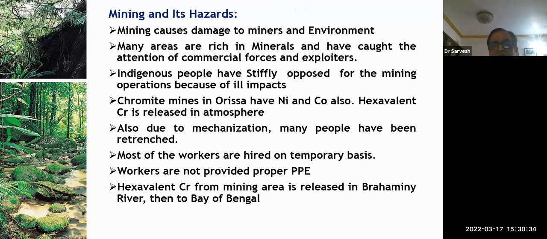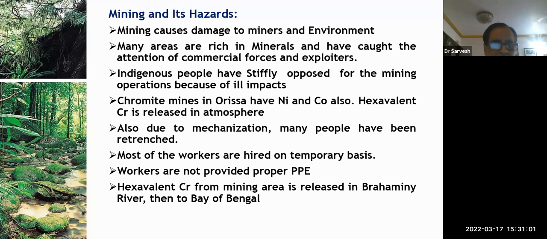Mining has many hazards, taken from the textbook. Minerals have got the attention of commercial forces and exploiters because of the rich ores and rich minerals in that area. Though it has been stiffly opposed by the people, it has continued because of the economy, and even for the welfare of the people as well.